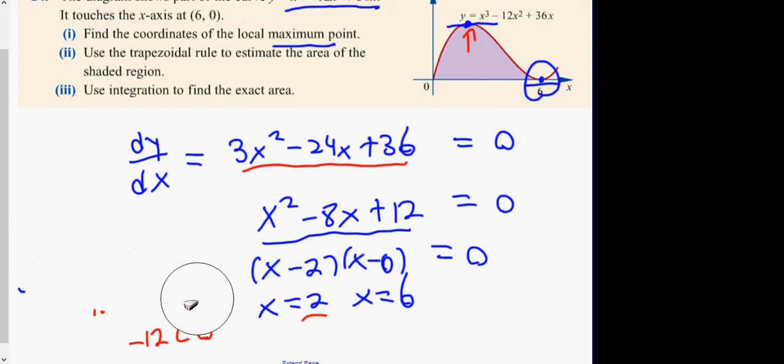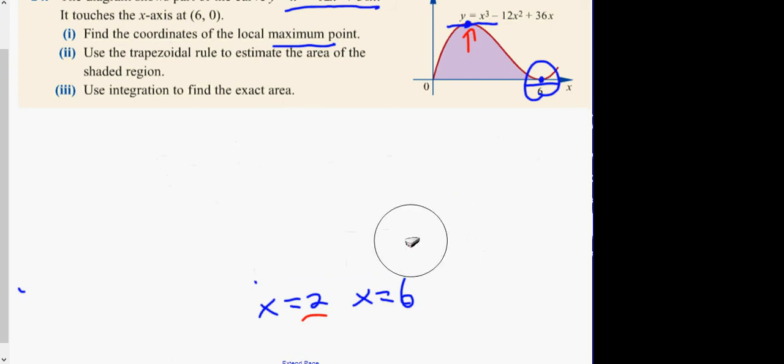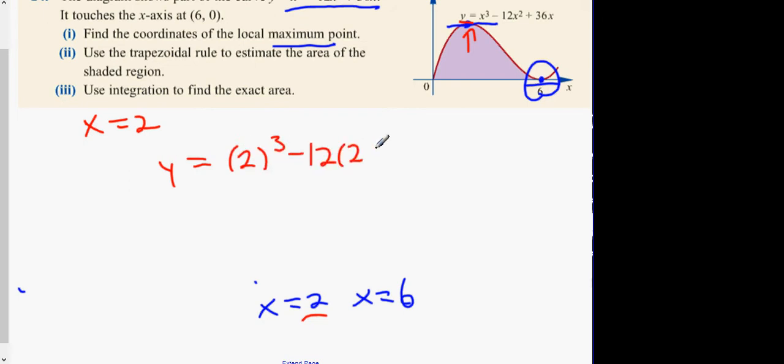Now, once you've sorted that out, it asks for the coordinates. It doesn't want you wasting its time. It wants the coordinates. So the coordinates is x equals 2. I'm going to go up to x equals 2 and replace x with 2 for this y value here. Y equals 2 to the power 3 minus 12 times 2 squared plus 36 times 2.